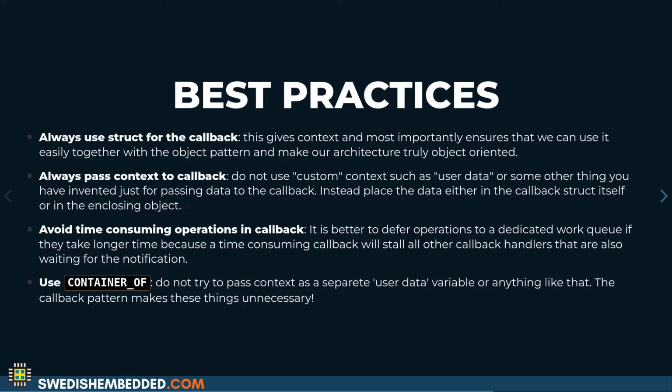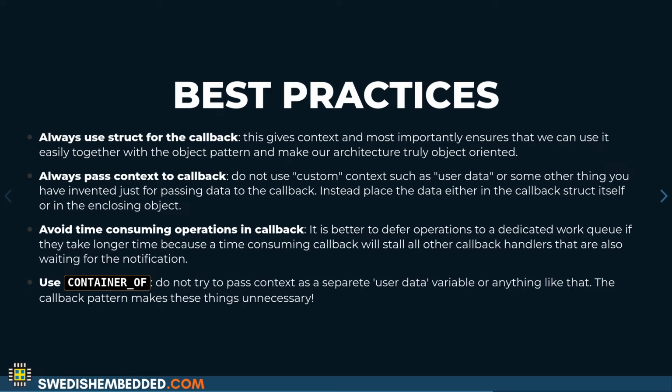And then as long as you check for that callback to be non-null before you call it, it's still going to continue to work. So making sure that the struct is a data structure and not just a direct callback is a very good practice to use when implementing this pattern. In fact, it's the only way to do it in a type safe manner, because if you define the callbacks as pointers, then you don't really have this built-in way of passing the address to the enclosing structure, and it becomes very messy.